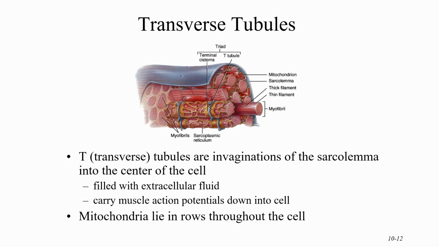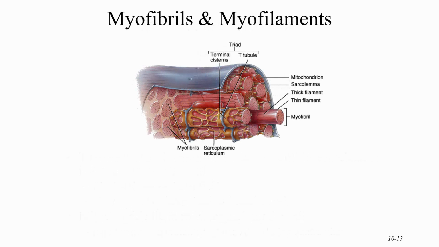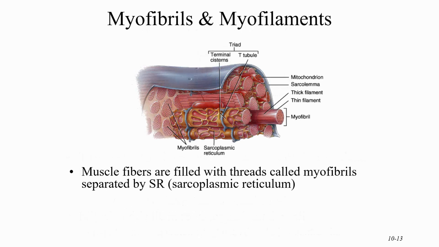Now, we're going to find a lot of mitochondria which lie in rows throughout the cell because, again, muscle is very active. Mitochondria, if you remember, is your ATP factory, and ATP is the energy currency that the cells use. And so these mitochondria are near muscle proteins that use ATP during contraction. Now, looking at myofibrils and myofilaments, muscle fibers are filled with threads called myofibrils separated by sarcoplasmic reticulum.